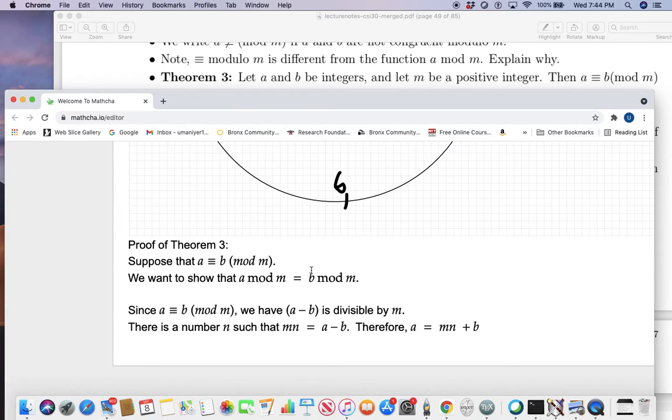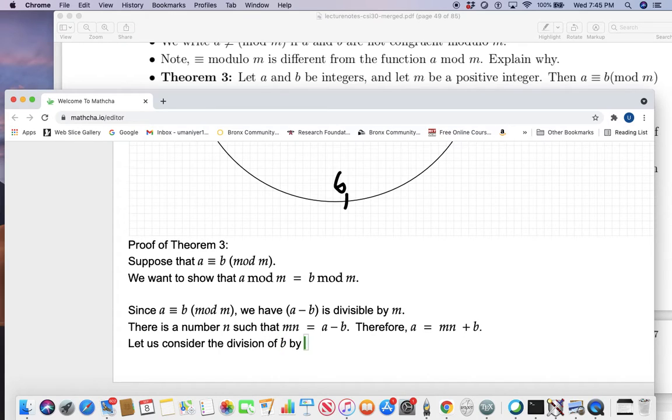Now I want to say that a mod m equals b mod m. In other words, we want to show that when a is divided by m, the remainder you get is equal to the remainder you get when b is divided by m. Okay. Let us consider the division of b by m.